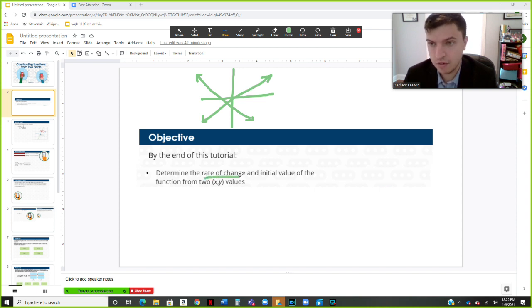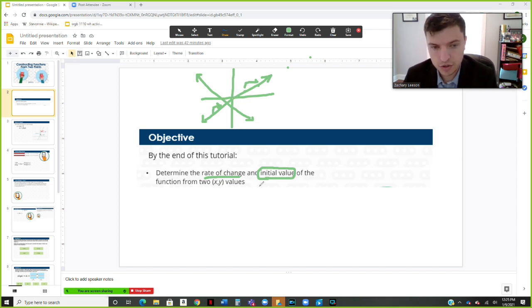From this point to this point, the rate of change is the same as the rate of change over here. And if we know the rate of change, we can plot points outside of what we've already taken into account. Also, the initial value gives you a starting point for where to apply this rate of change, right?